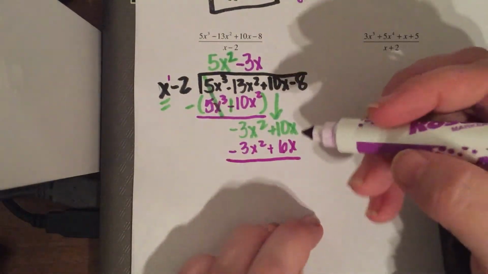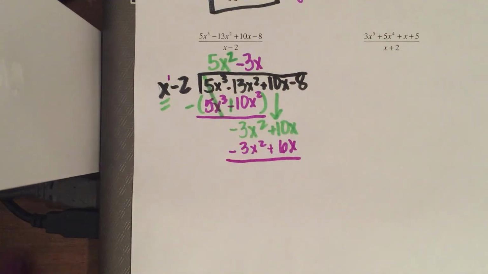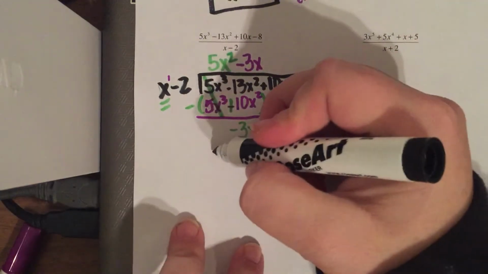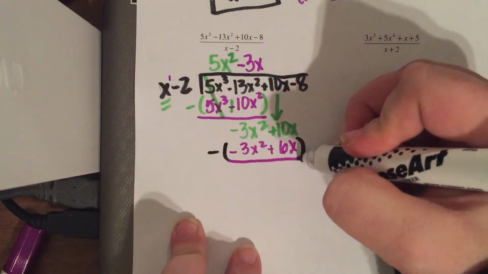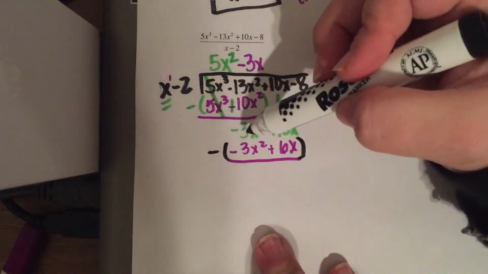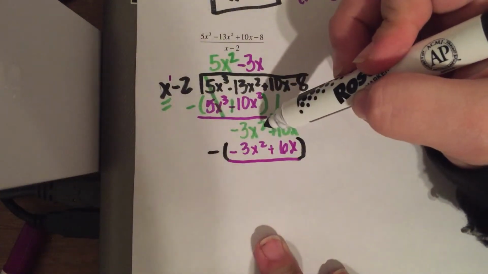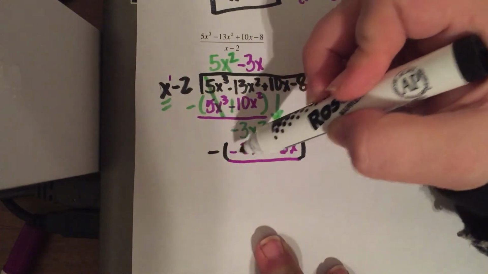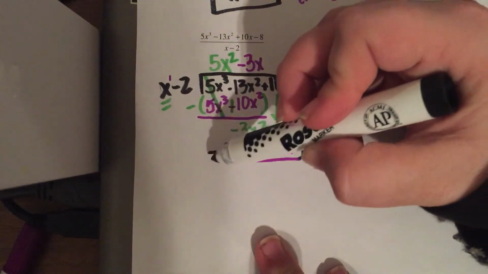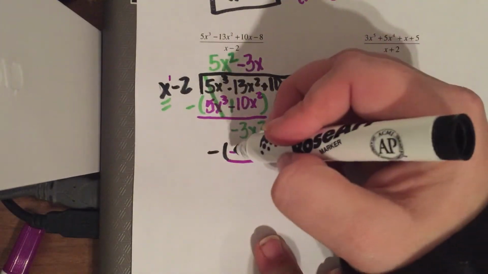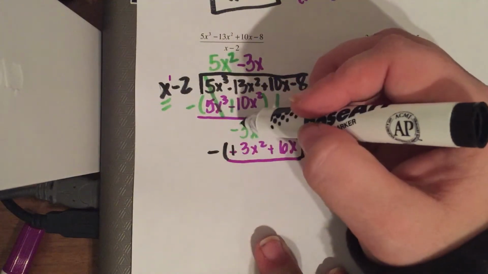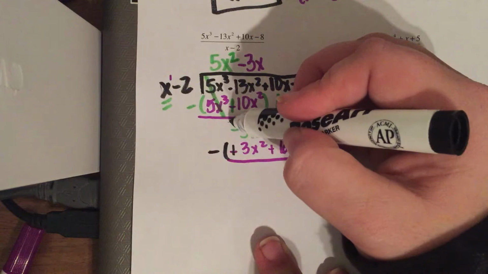Now, just like the other ones, we got to subtract them. So, negative 3x squared minus negative 3x squared. Remember, minus negative makes this into a positive. So, these two actually end up canceling out.